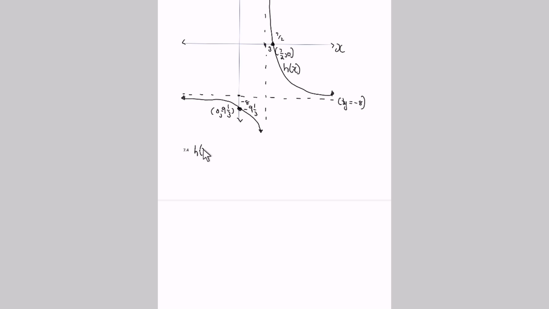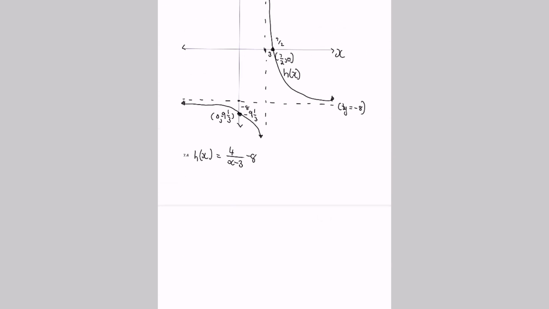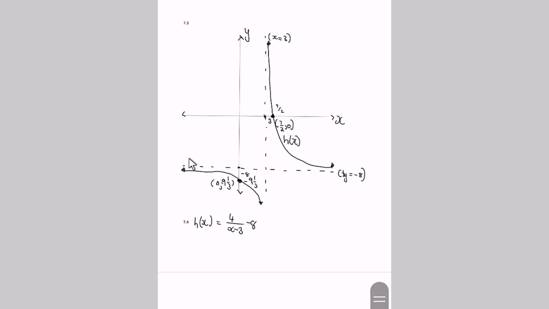So it's h(x) equals 4/(x minus 3) minus 8. Then go back to the top and realize that they want us to calculate the vertical asymptote for q(x). So q(x) is q(x) equals h(x) minus 4.